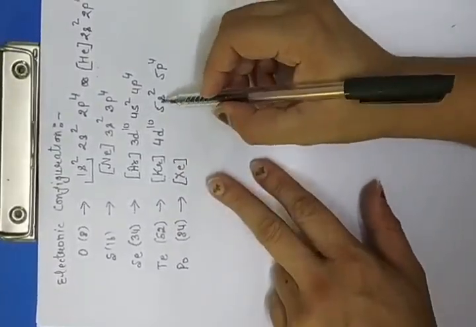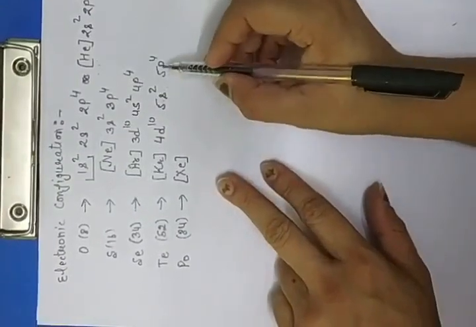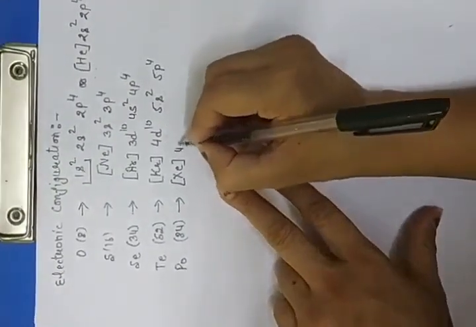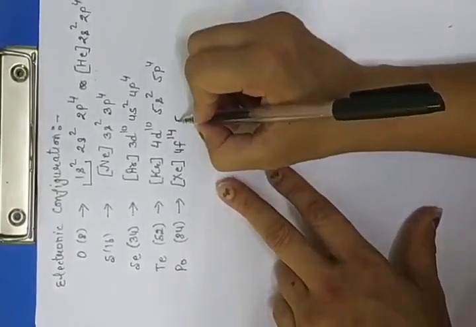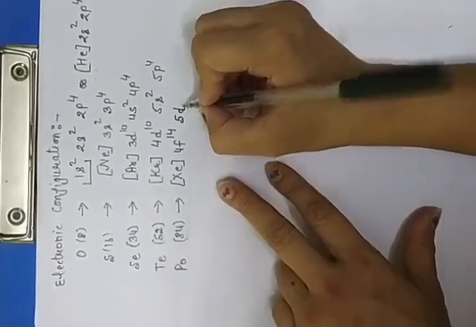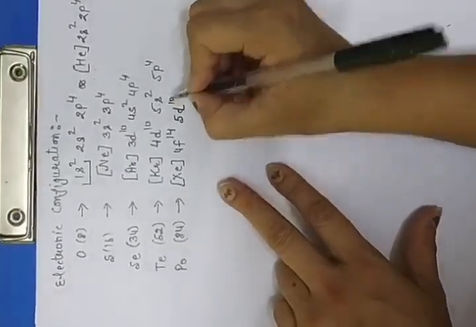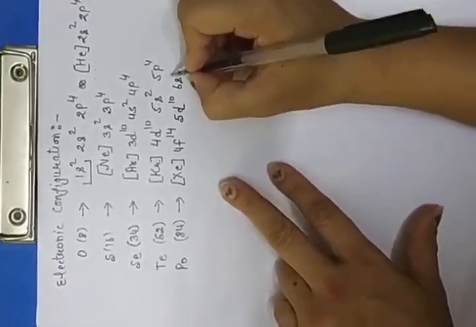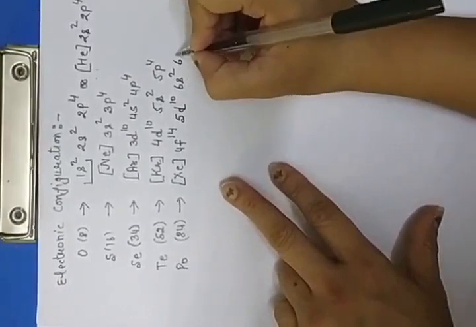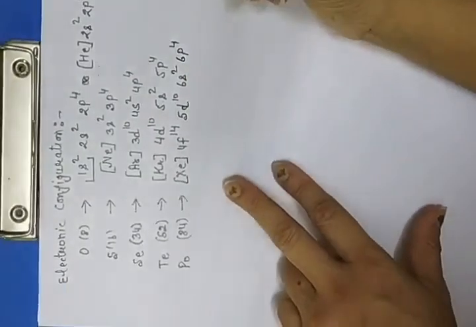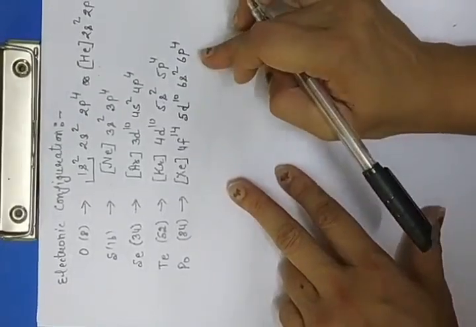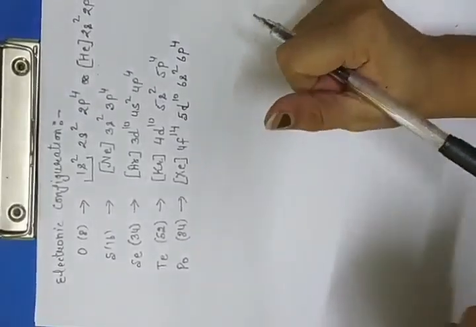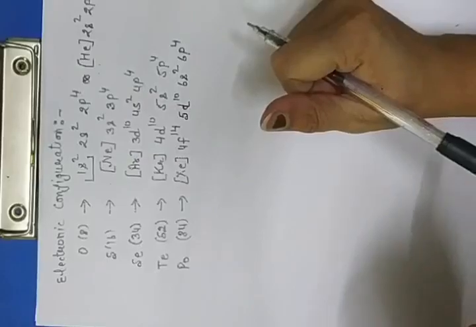Here, as the 5th shell has started, it also has the 4f orbital, so complete it first, 4f14. Now next is 5d, and the valence shell is the 6th, so 6s2 and 6p4. This is the electronic configuration for polonium, isn't it?